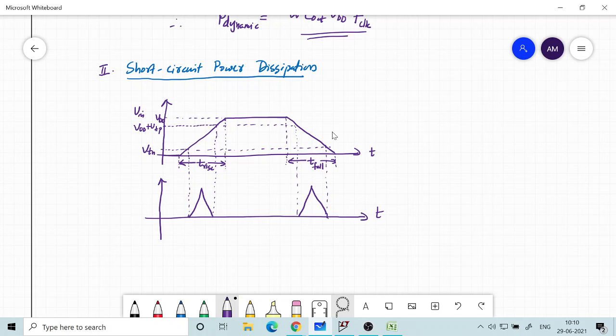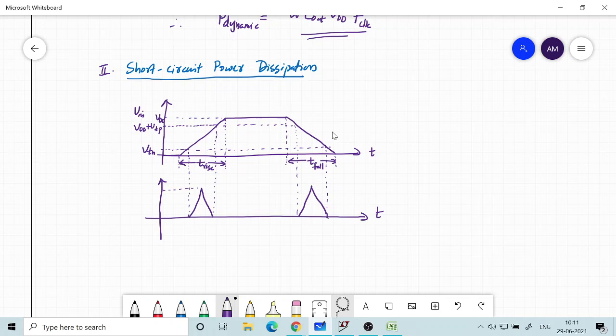So the current will reach some peak value, and that peak is determined by a condition where both NMOS and PMOS are maximally on, so it is like a short circuit from VDD to ground. So there is a path. Usually in CMOS that path doesn't exist.